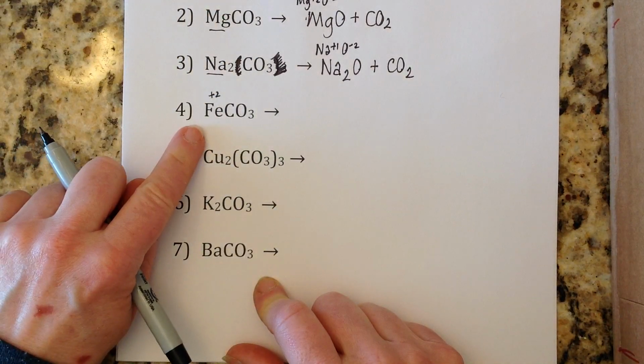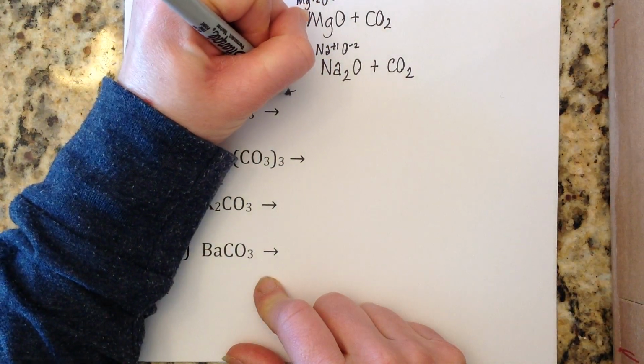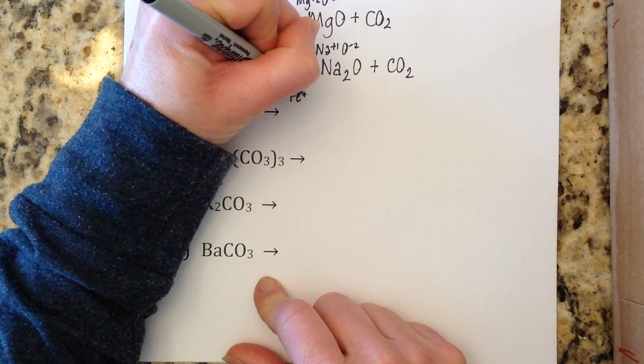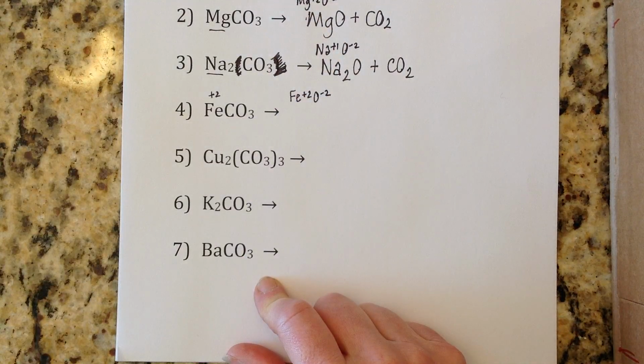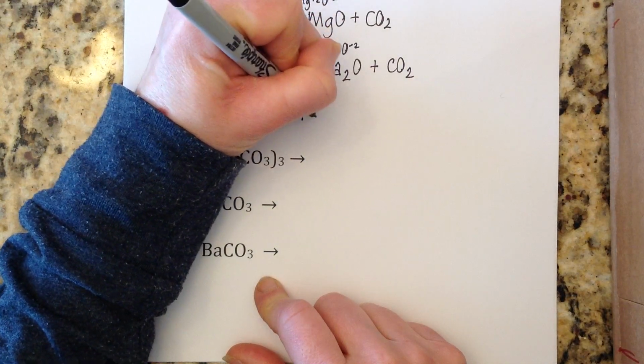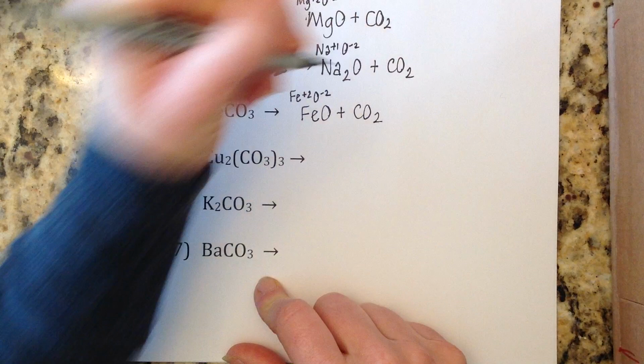So this was actually iron 2 carbonate. That's important because when I crisscross the iron with oxygen, I want to make sure I'm using the right one. Those 2's cancel, so you get FeO plus CO2.